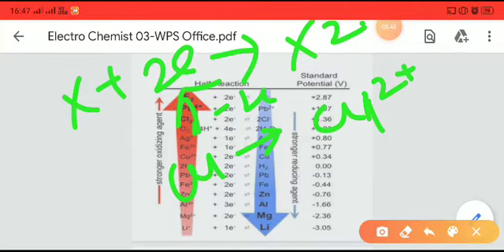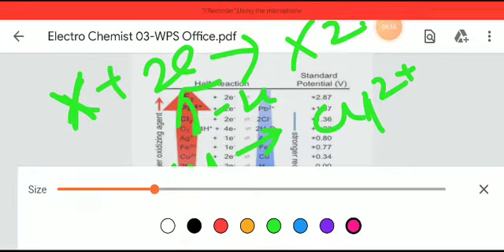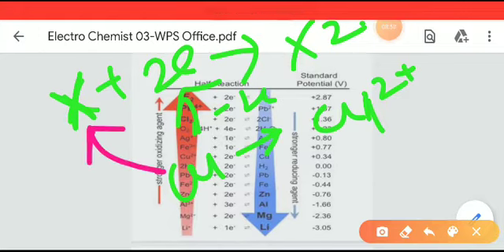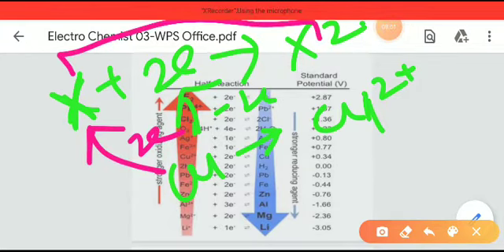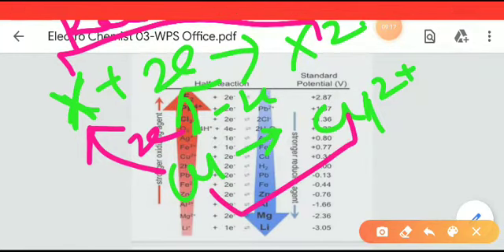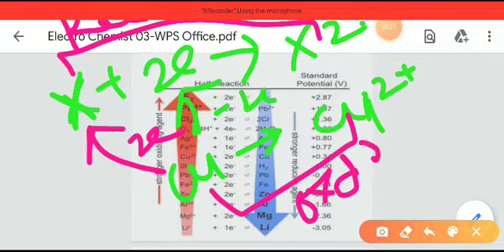So this molecule becomes reduced, but due to taking two electrons from Cu, Cu becomes oxidized, so an oxidation reaction occurs.